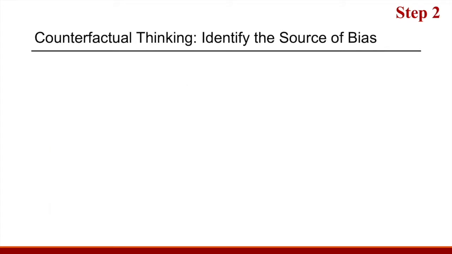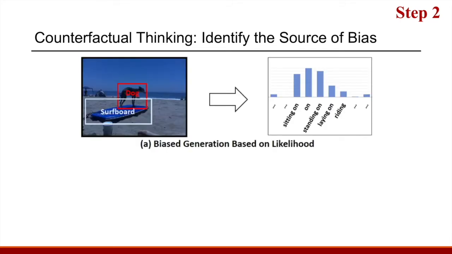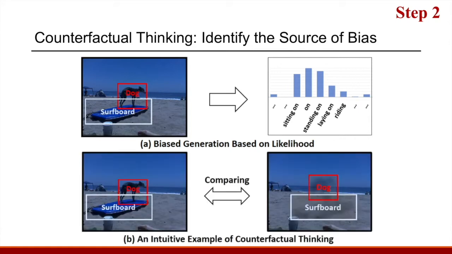We use counterfactual thinking to identify the source of the bias. I visualize all 3 input variables for relationship prediction. They are object features, object labels, and background environment features. The conventional inference considers the entire model as a whole and only gives a one-time likelihood. But if we consider the model as a causal graph, the prediction can be intervened to perform the counterfactual thinking.